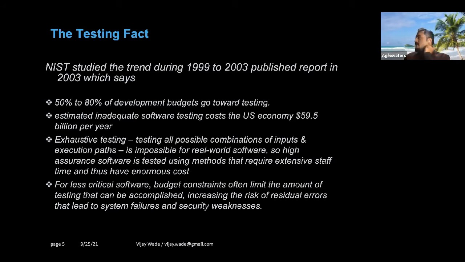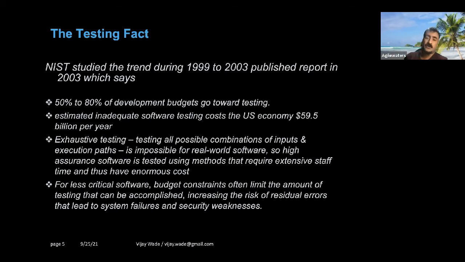I have seen 2:1 ratio, 3:1 ratio, sometimes 6:1 ratio. 6:1 in the sense 6 developers, 1 tester. 2:1, 2 developers, 1 tester. Because even today, the software industry does not want to focus too much on testing.